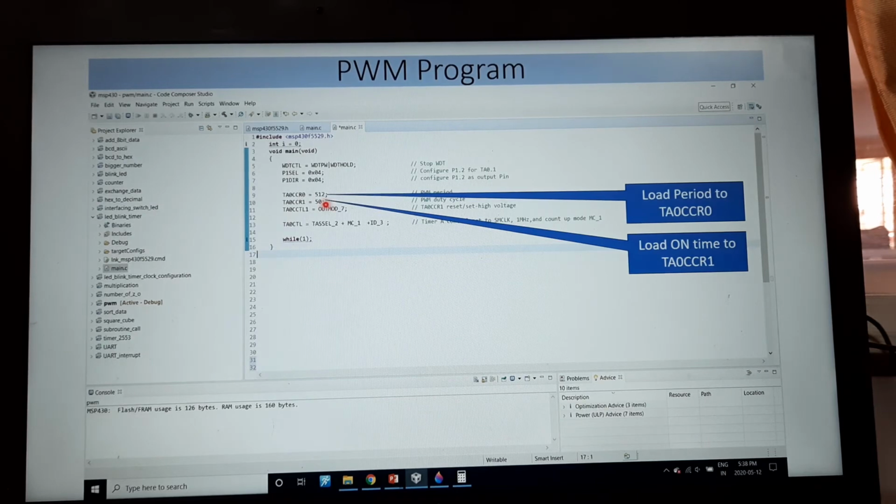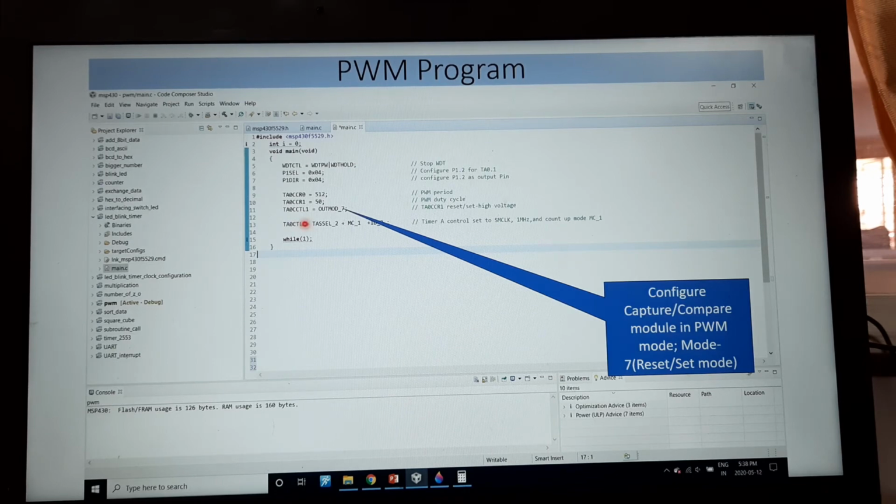I'm going to load 512 to the TA0CCR0 register, which defines the period, and another value to TA0CCR1 which defines the on time.